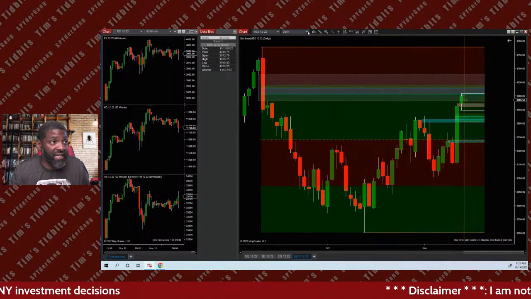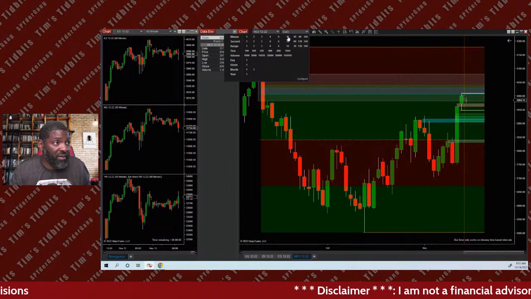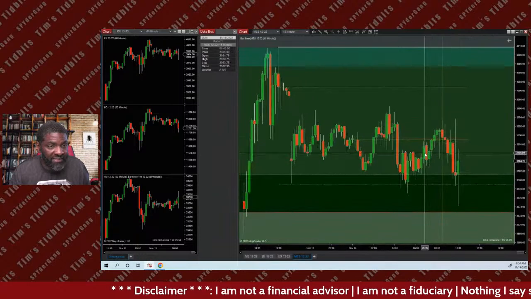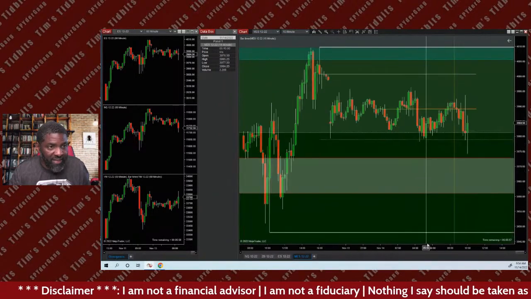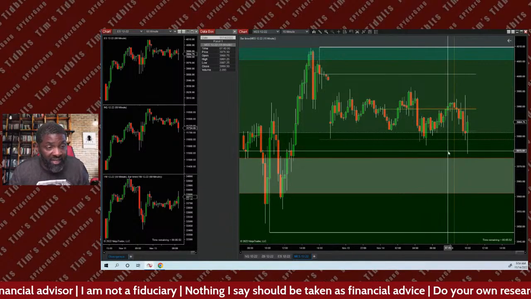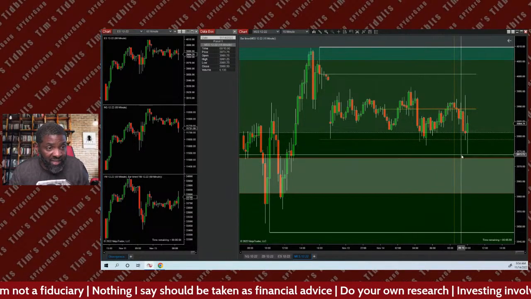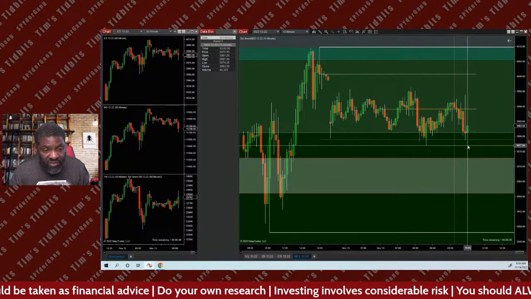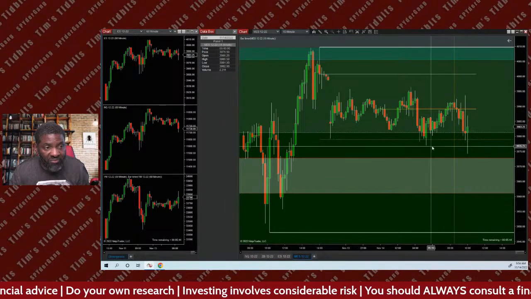But that ain't saying on a 15-minute level. Somebody can say, okay, we just broke structure to the downside and we wick back up. Say this 15-minute candle closes above this low right here.